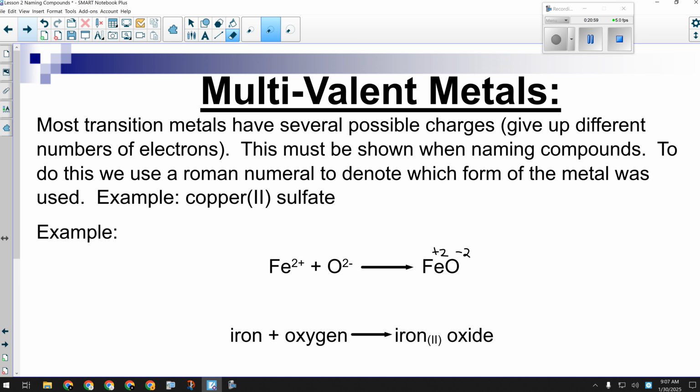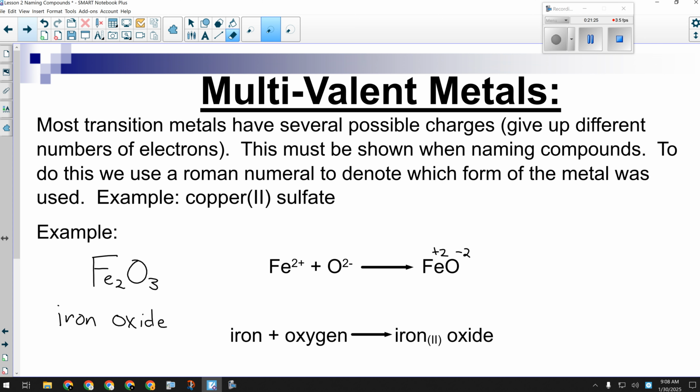Okay. What about this? Our usual ionic naming rules would say, call this iron oxide.